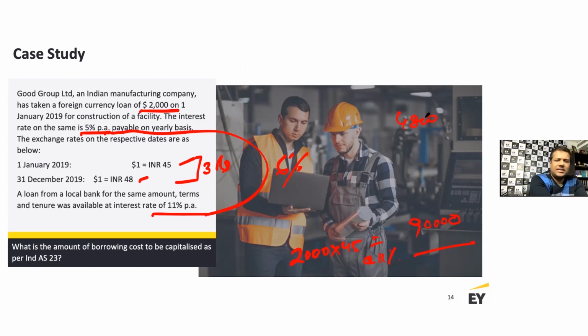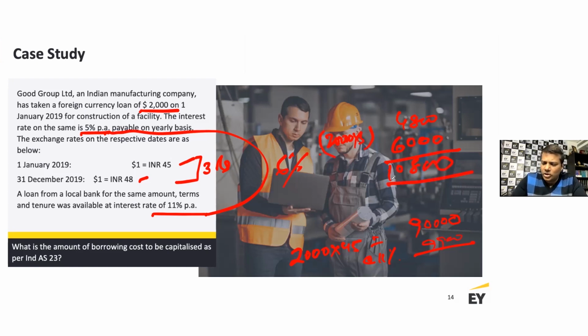And then there is a loss of 3 on this, which is 6,000, that is $2,000 into 3, is what I have lost. The interest at the rate of 11% is 9,900, and the actual cost which I have incurred here is 10,800.